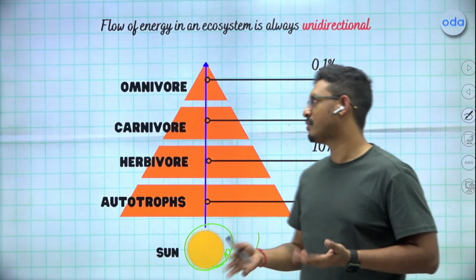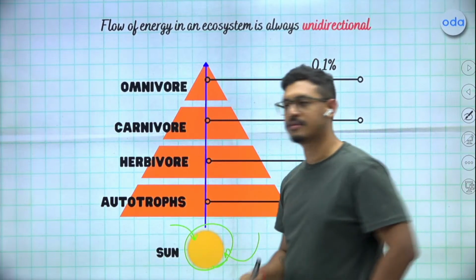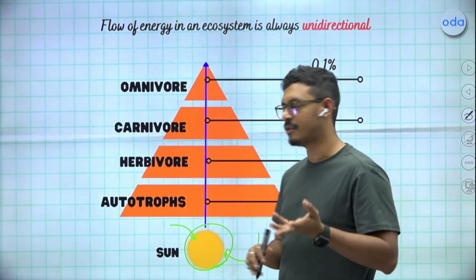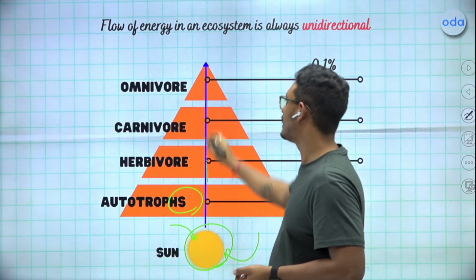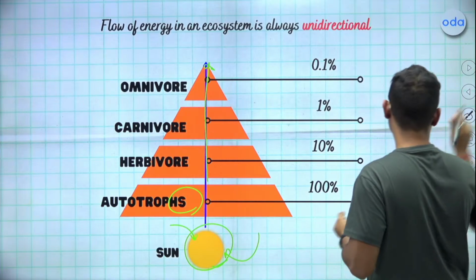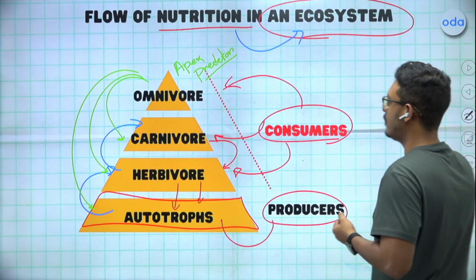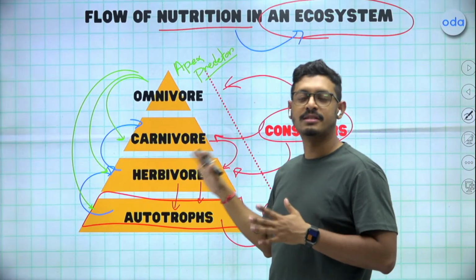Explain with reason. When that is asked, make sure that you first explain how the sun is giving the energy for the autotrophs to do photosynthesis and how all of it is linked together till omnivores. If you wish to, you can even talk about the flow of nutrition here, how the entire food chain is sustained.